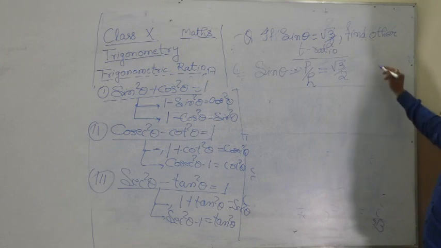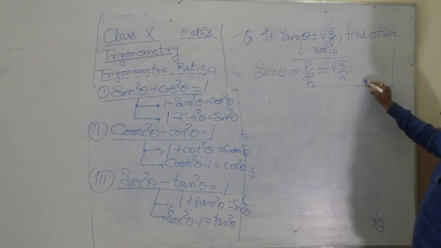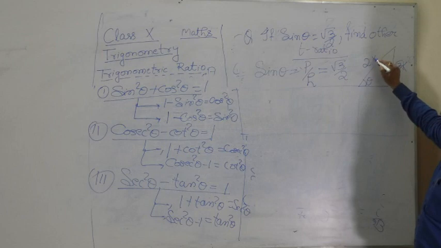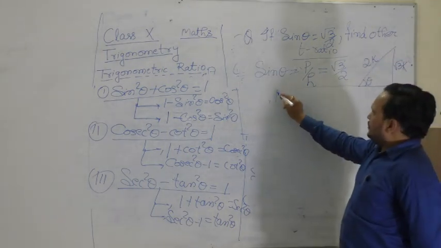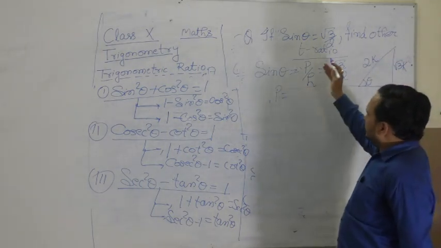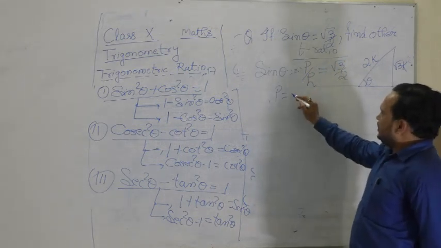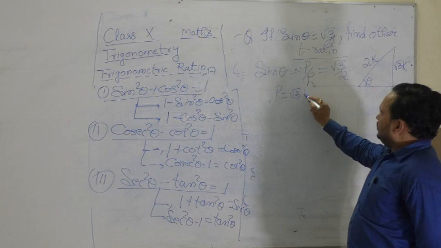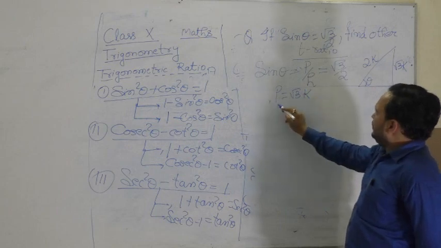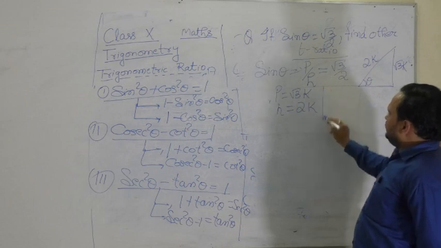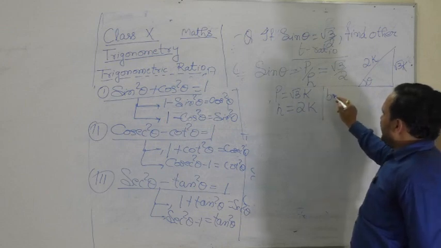Let us consider a right angle triangle. If this angle is theta, perpendicular is root 3k and hypotenuse is 2k. When you convert the ratio into actual value, you have to take a constant k in each term. P is root 3k, hypotenuse H is 2k, and we have to find the base.